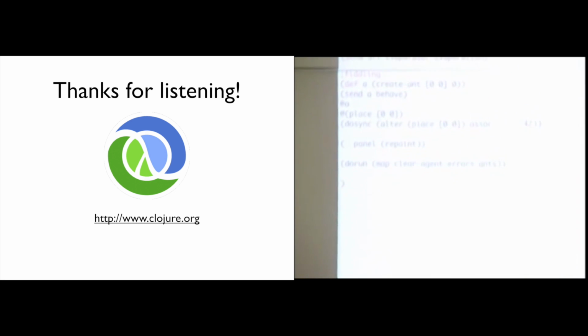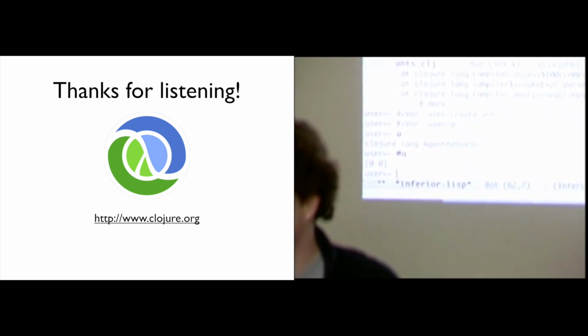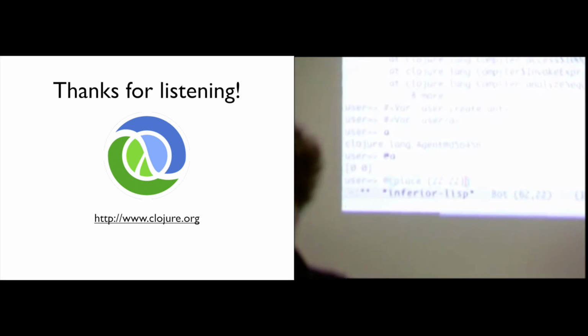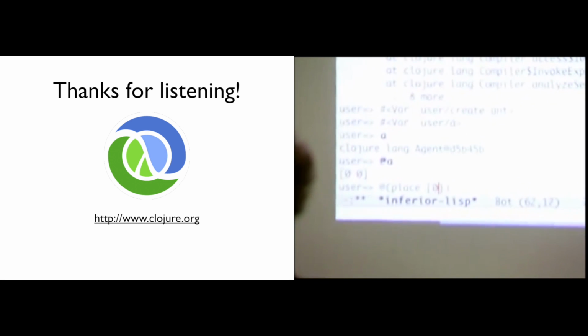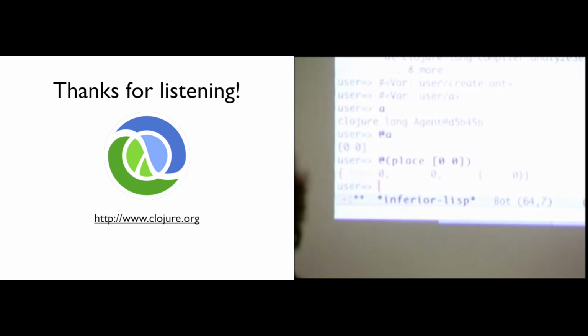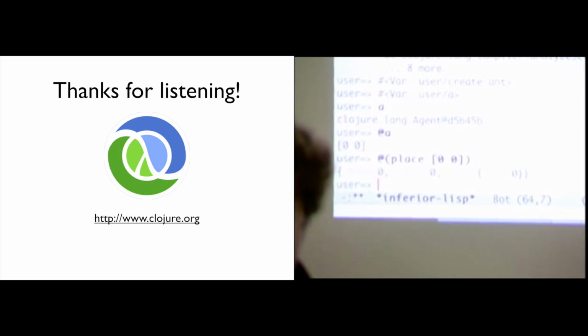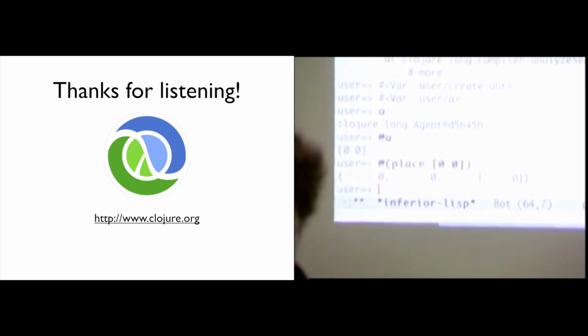A, and then we can see A is just an agent. Agents can be derefed like references can, and we see it's 0, 0. But now if we want to look at that place, 0, 0, what should we see? An ant. Cool. And really, it was this much fun when I first did it.